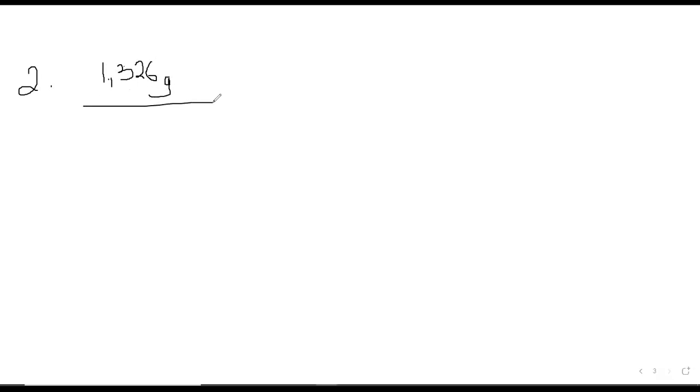Then we're going to do the same conversion that we've been doing. That's the grams of carbon we calculated. We're going to take this and find the number of moles of this same measurement. We know that there is 12.01 grams of carbon in every mole of carbon.